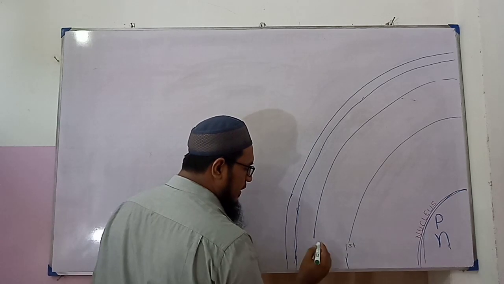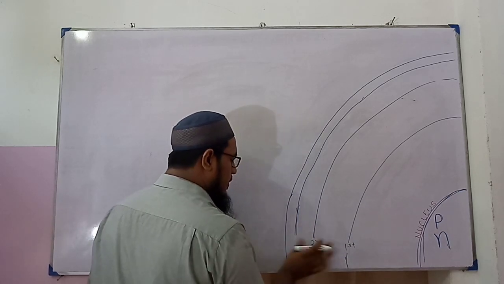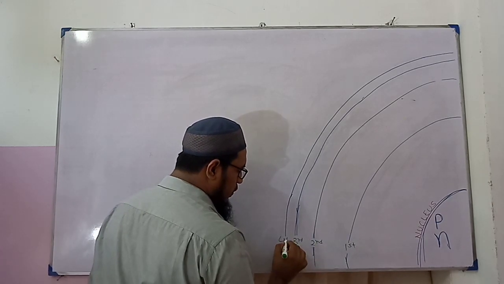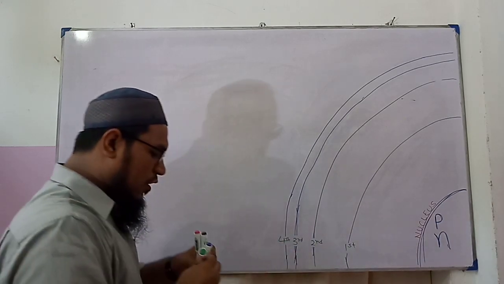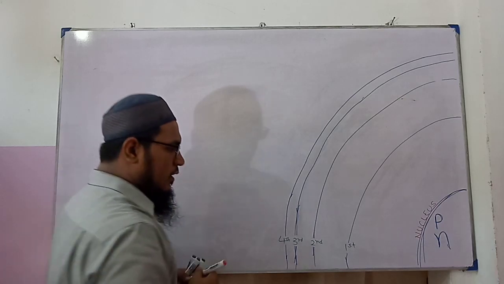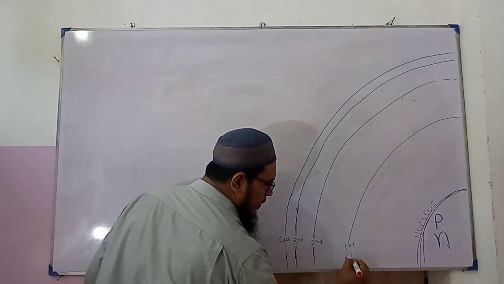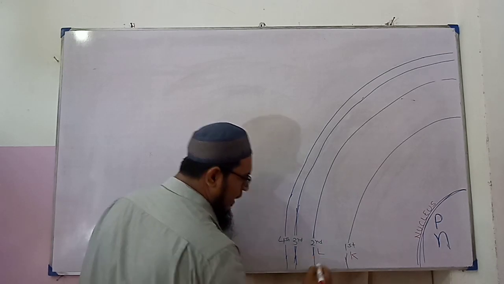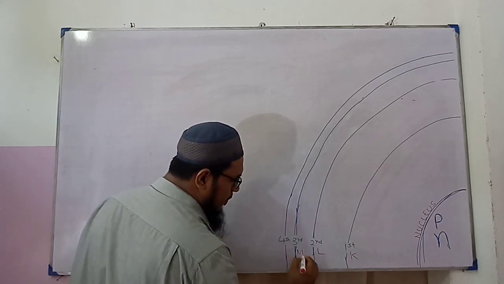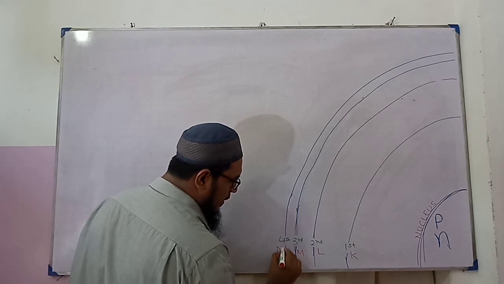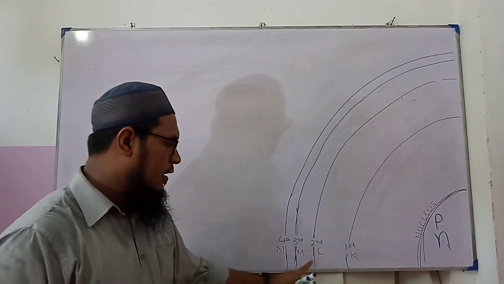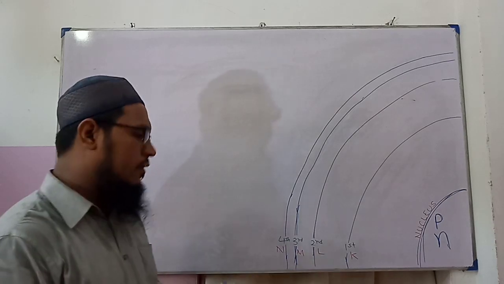Then we have the second energy level, third energy level, and finally the fourth energy level. The first energy level is also denoted by the letter K, the second by L, the third by M, and the fourth by N. So K level, L level, M level and N level.